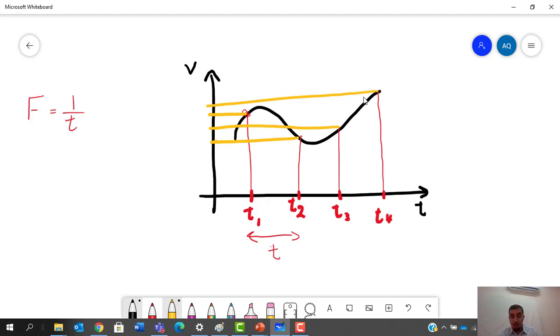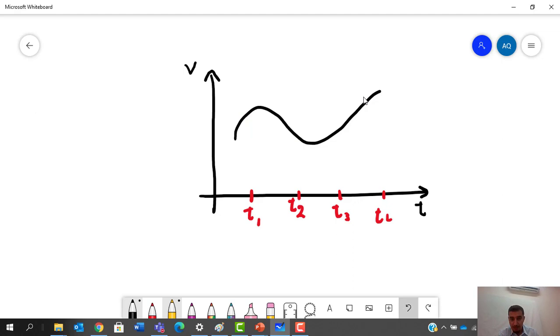On the other hand, we can create more samples. If I want to create more samples, this means that T needs to decrease.